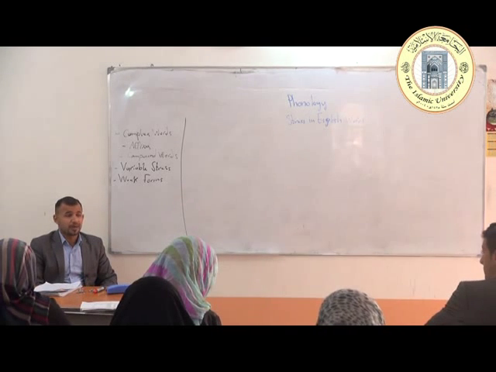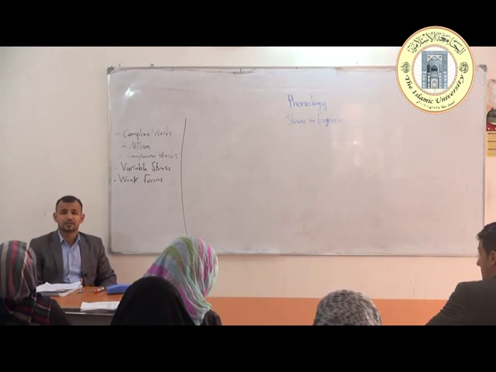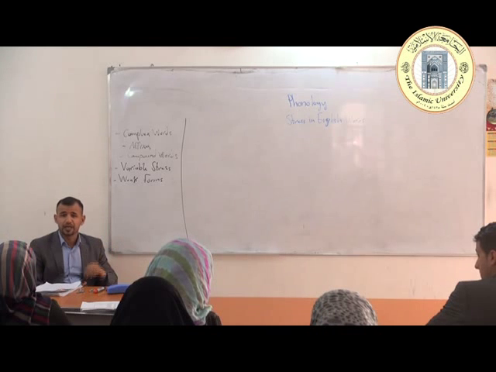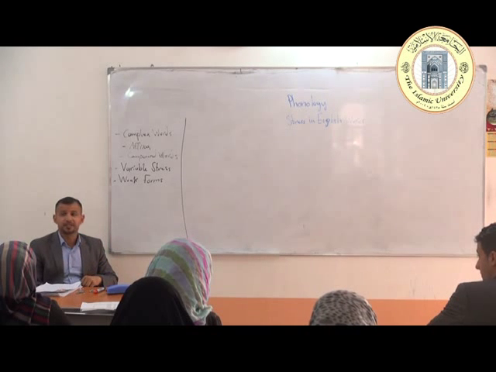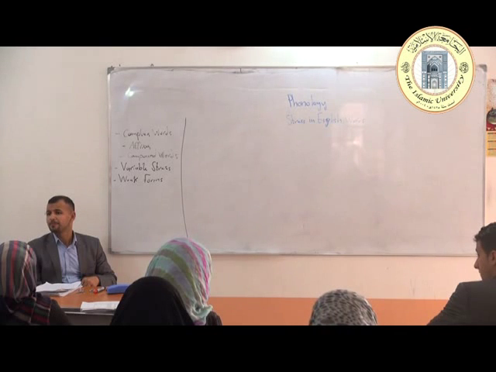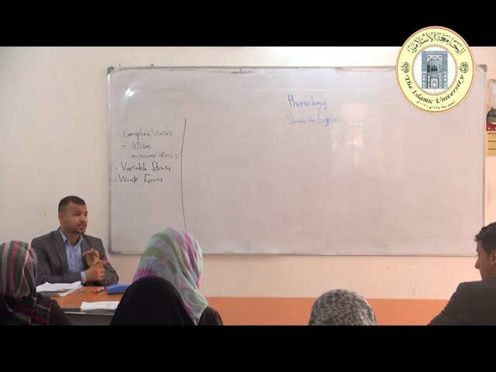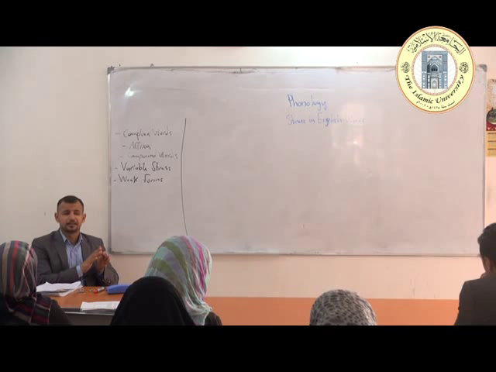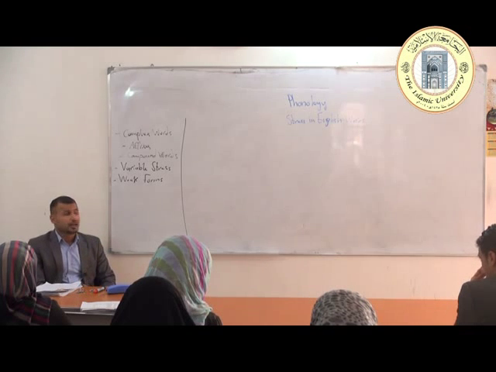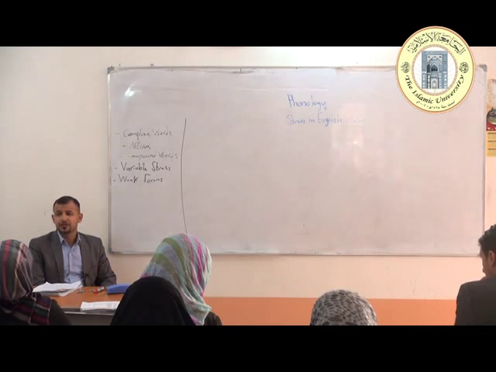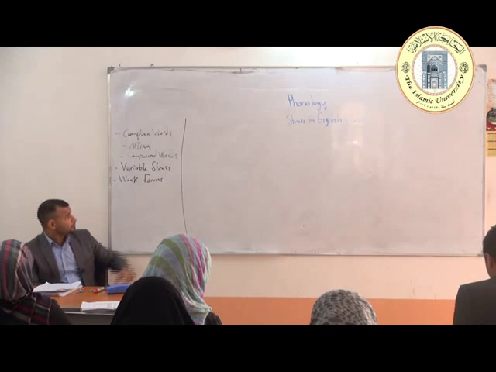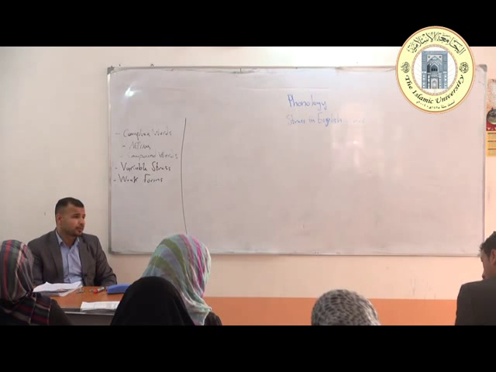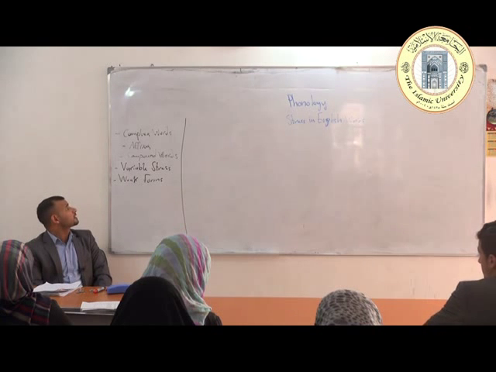Then we talked about where to put stress on simple words, and we mentioned 4 parameters, 4 standards to be considered: pitch, quality, length of the syllable, and loudness. Good. Now, the same procedure is going to be applied to what we are about to talk about. Let's start with complex words.